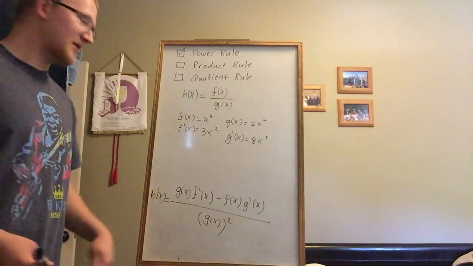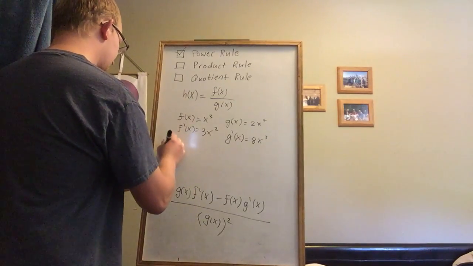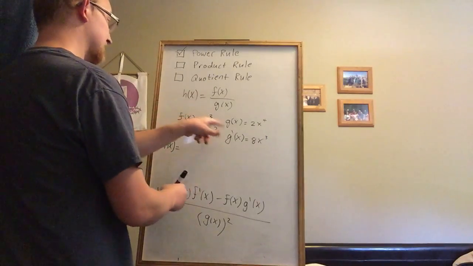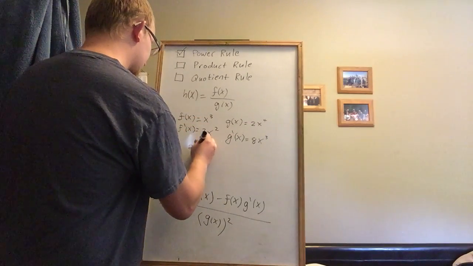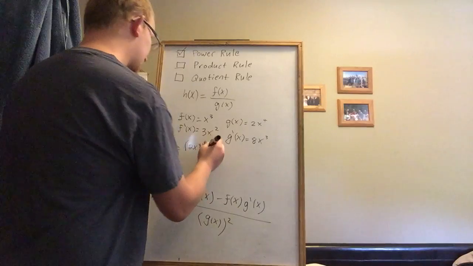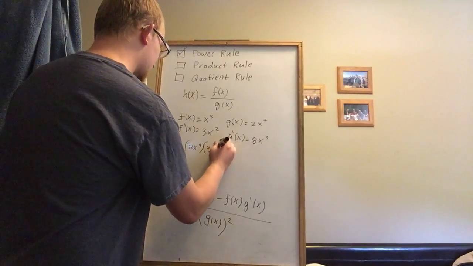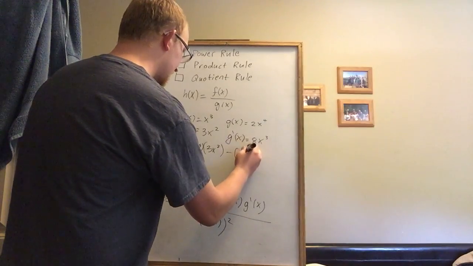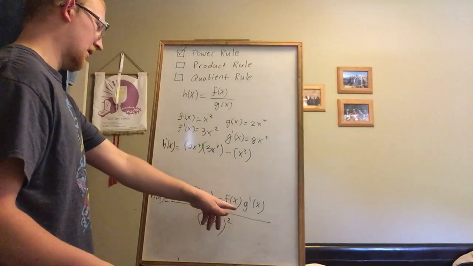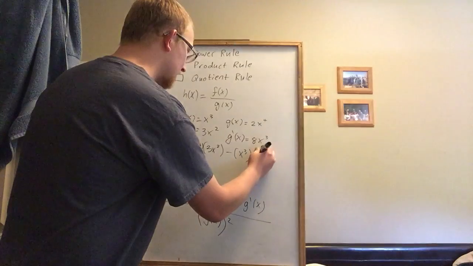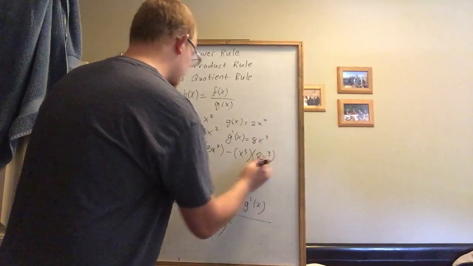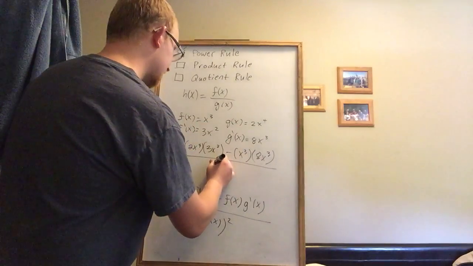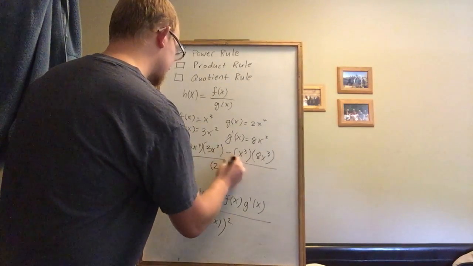And now we just plug it in. So h prime of x is equal to g of x, which is 2x to the 4, times f prime of x, which is 3x squared, minus f of x, x cubed, times g prime of x, which is 8x cubed, all over g of x squared, 2x to the 4th squared.